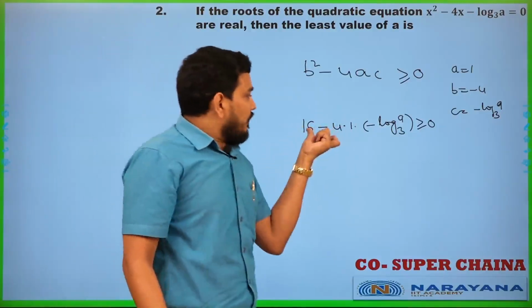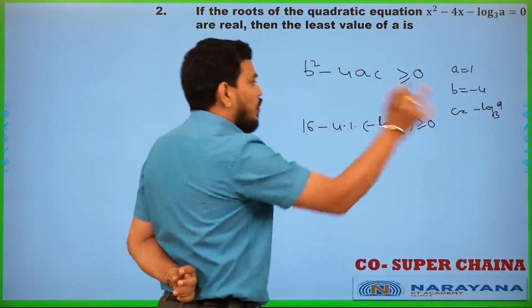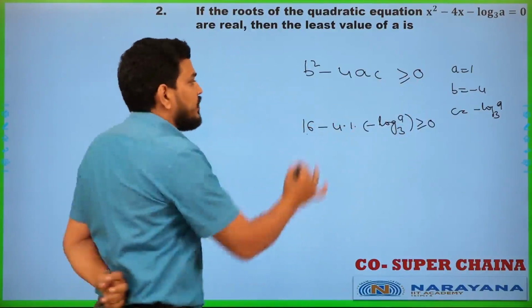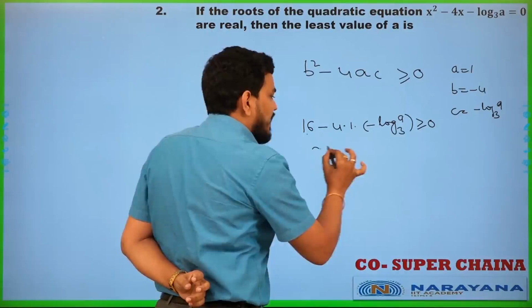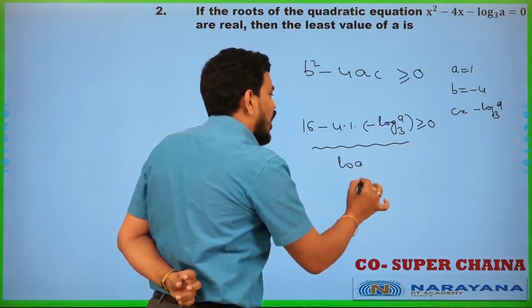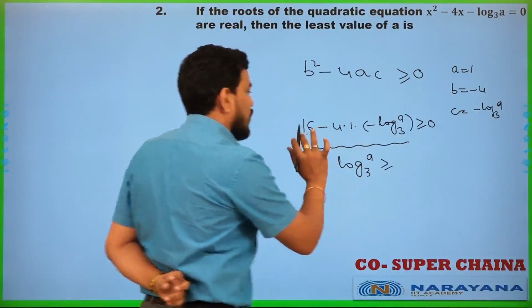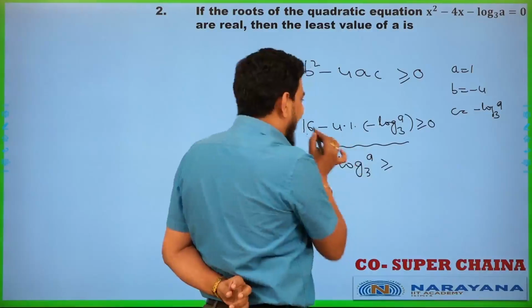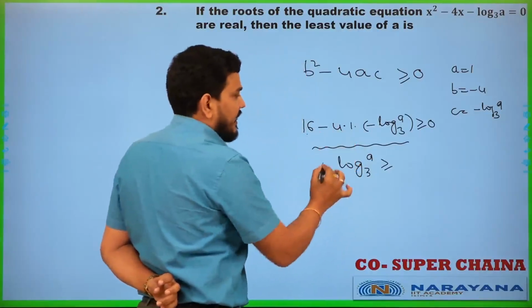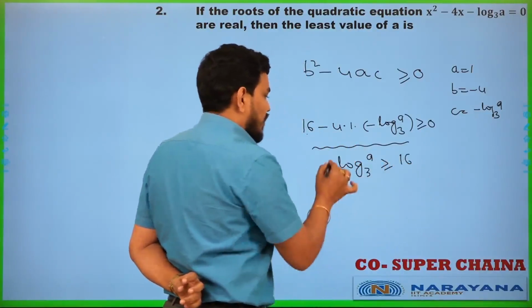Here 16 and 4 are there, so we can cancel a 4 straight away. Then simplifying, log a base 3 is greater than or equal to, this value goes to that side, 4 and 16.